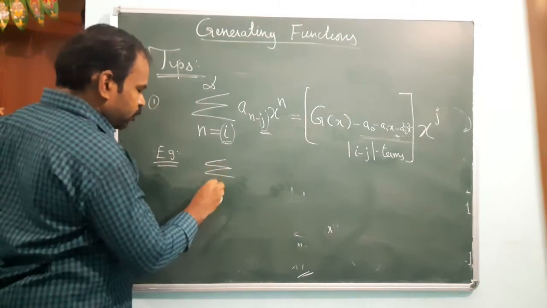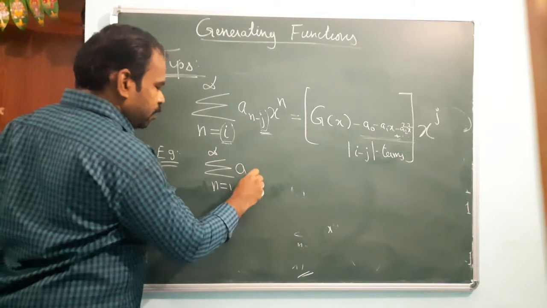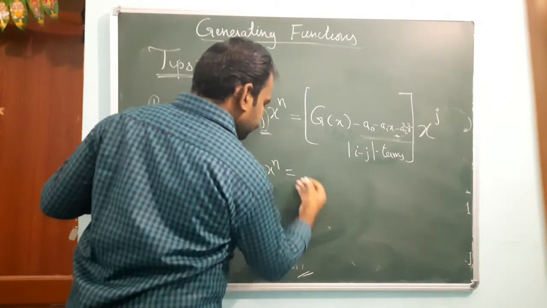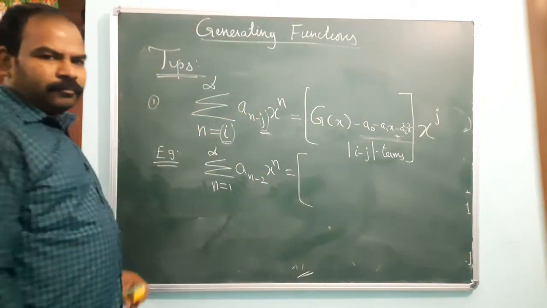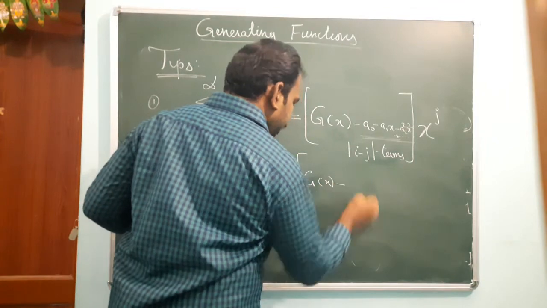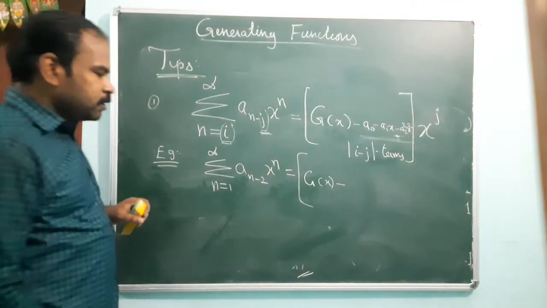Suppose summation n equal to 1 to infinity a n minus 2 x power n. Then what is the value? G of x minus, we subtract some terms. How many terms?